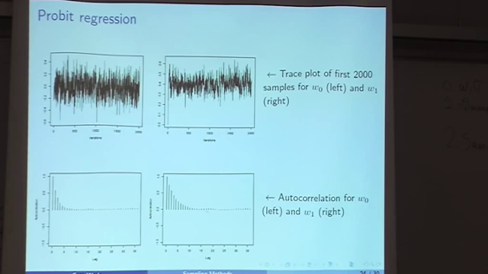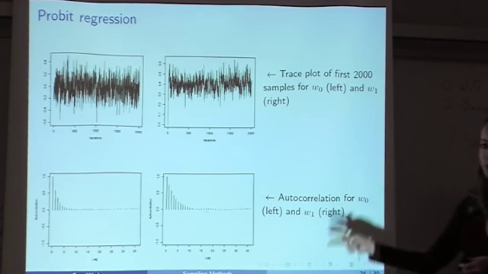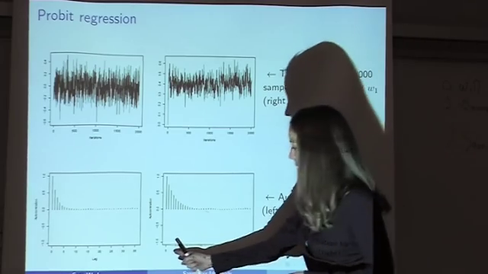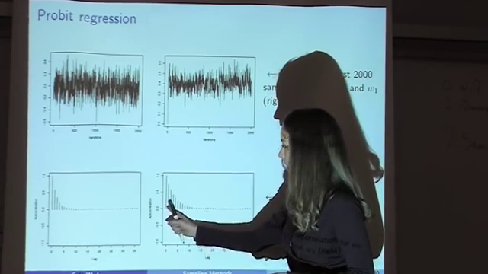The lag k is the correlation between xt and xt plus k. So this would be the correlation between xt and xt plus 1.